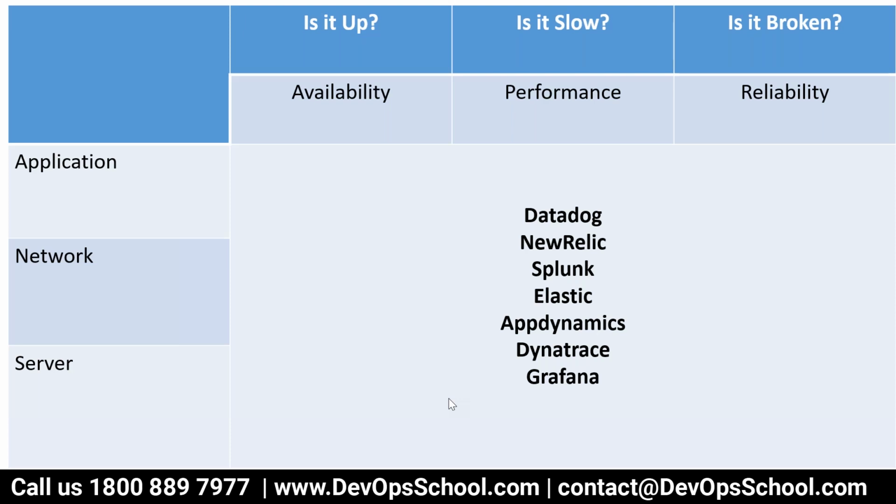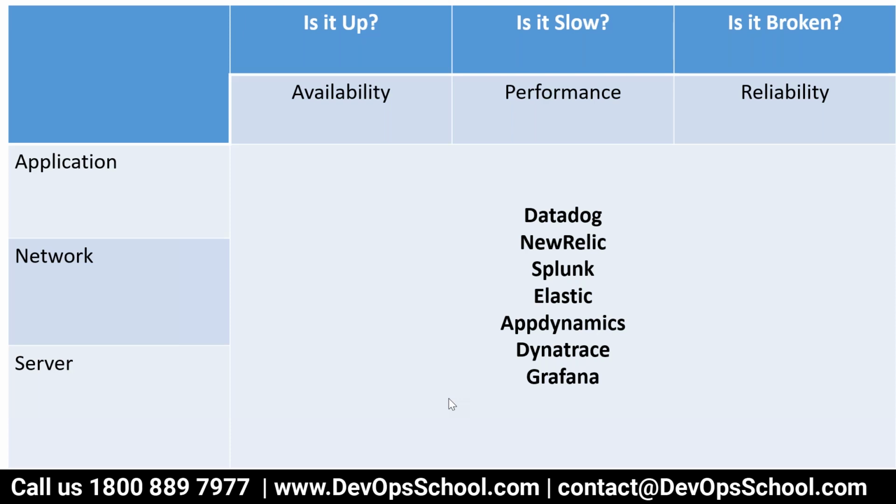Elastic was earlier into log analysis, now it's in everything. Splunk was into log analysis, now it's in everything. New Relic was into APM, now it's in everything. And Datadog was in infra and cloud monitoring, now it's in everything. So yes, in the last few years they have transformed themselves to give you the complete features of observability.